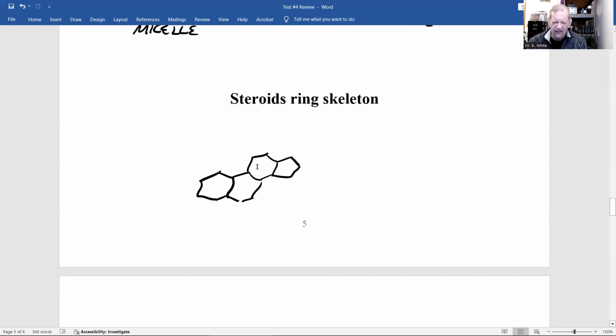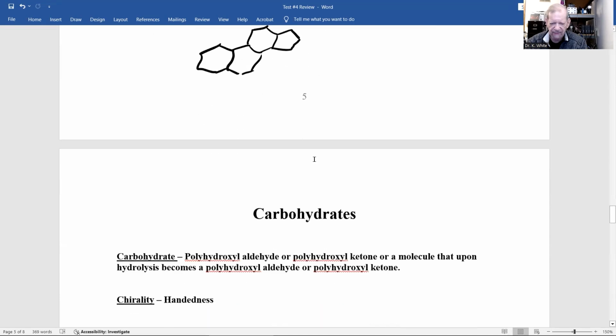Up here is a 6. Over here is a 5. Whatever hormone in your body has that structure. There are other things on it, but that's the basic building block for all our hormones. Male testosterone, female progesterone, all have those, and you should know how to draw the structure.